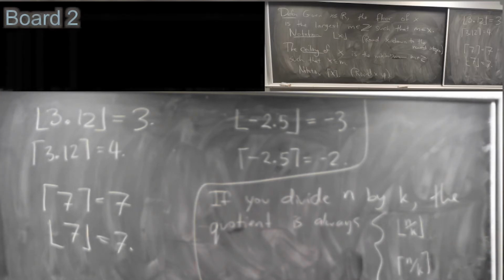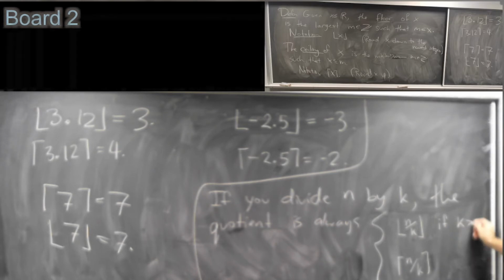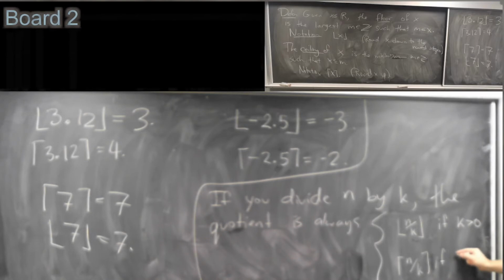Remember the 77 divided by -10, we said the only real possible answers are -7 or -8, which is the floor or the ceiling. It turns out it's the floor if k is positive, and it's the ceiling if k is negative.